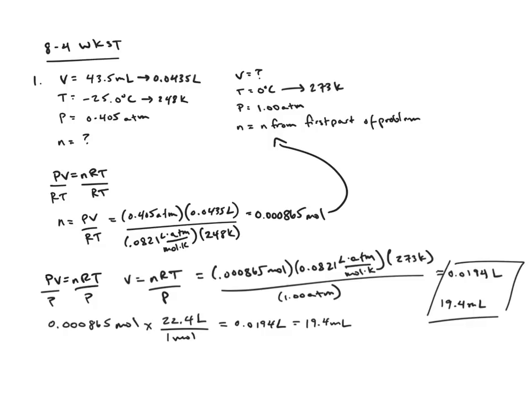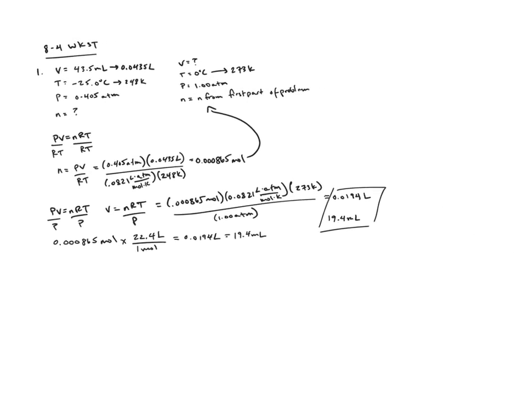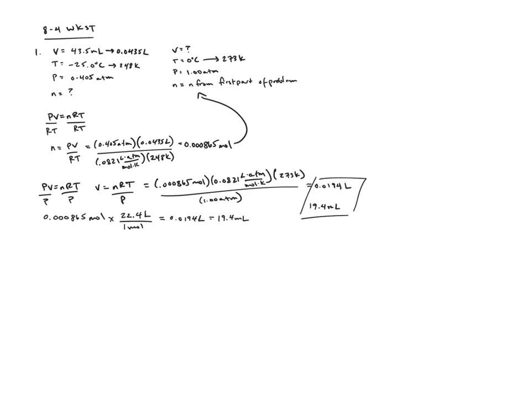There's also one final option. Because the number of moles of gas stays constant, so N is constant in this problem, if I set up my equation to look like this, in this case N1 is equal to N2.